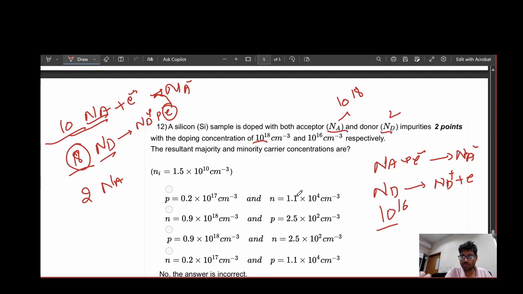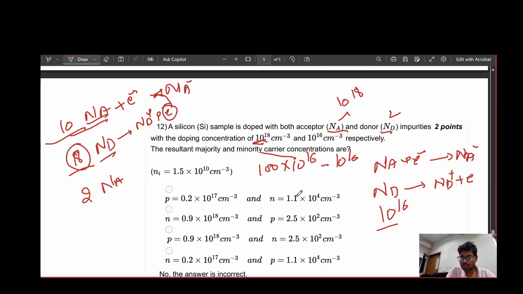So it is the same thing. You need to do Na minus Nd here. At what temperature it is asking? Let us assume complete ionization is happening there. For the majority carrier concentration, there will be 100 into 10 raised to power 16 minus 10 raised to power 16.